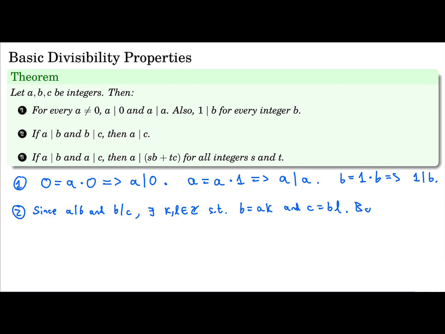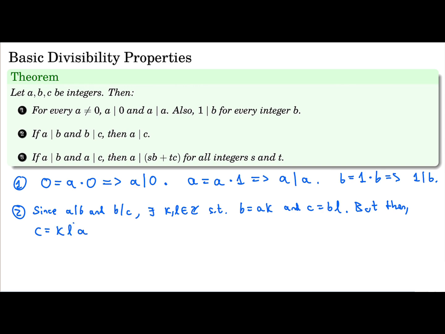But then, if you substitute the b here with ak, c is going to be equal to k times l times a.